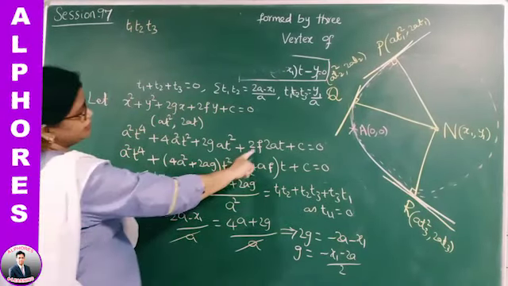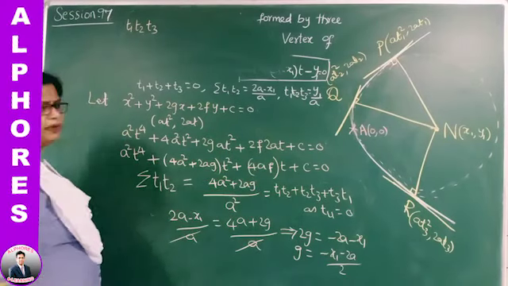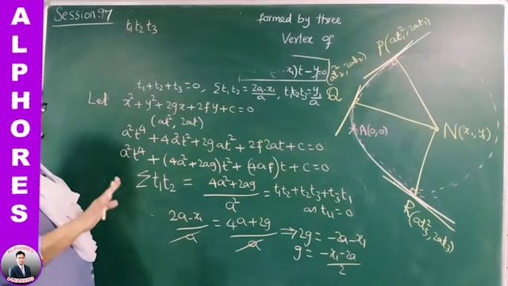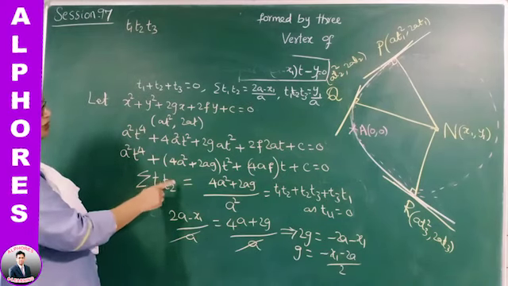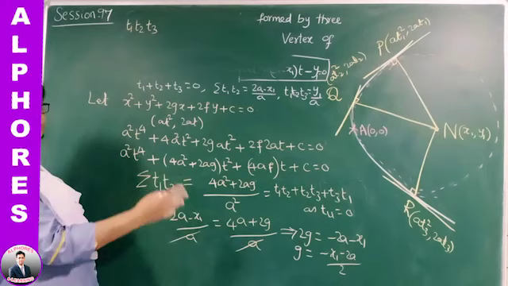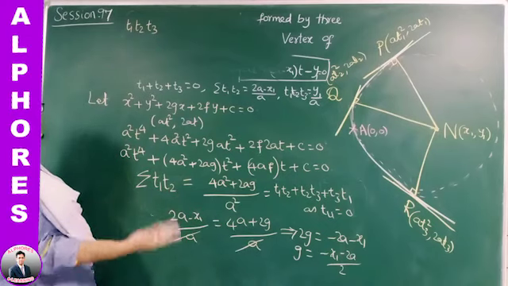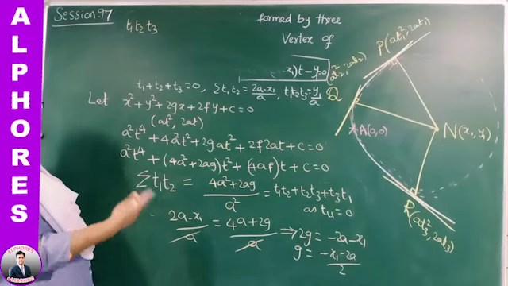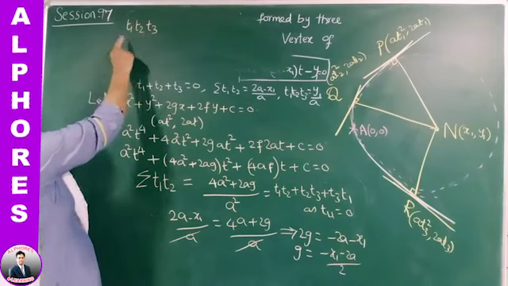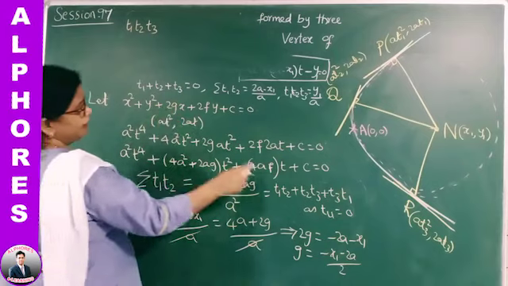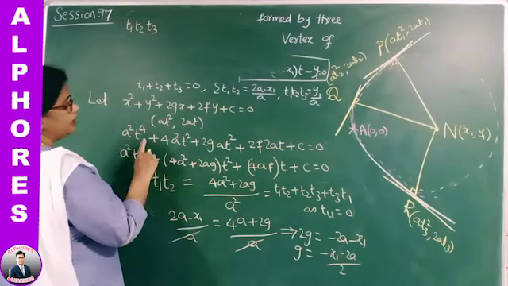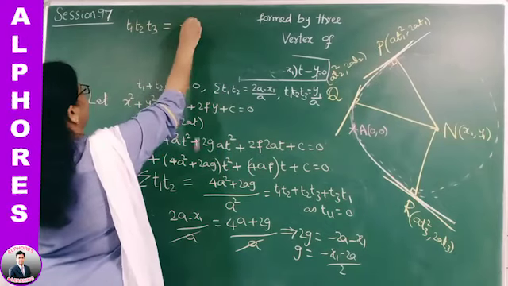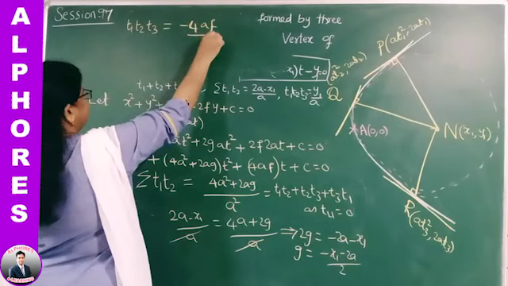So what is here, students? Here to obtain this value, I want to make use of the sum of products by taking 3 at a time. That is T1 T2 T3 plus T1 T2 T4, but that is 0 because T4 is 0, plus T2 T3 T4, again 0 because T4 is 0. Finally, the leftover is only this value. And from this equation, minus plus again minus, so it is minus 4af divided by what is the denominator here?